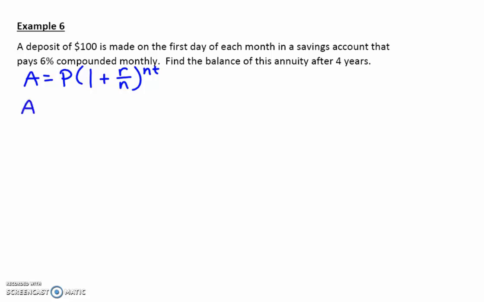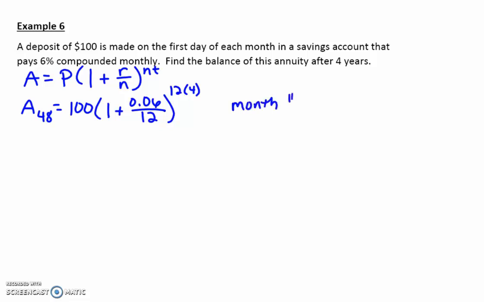So if we want to look at the 48th month, we know that the principal is 100 and the rate was 0.06. It's being compounded monthly, so there's 12 months in a year. And so this was after 48 times of being compounded, so that was 4 years. That's where the 48 came from. Okay, and so this is month number 1, right?